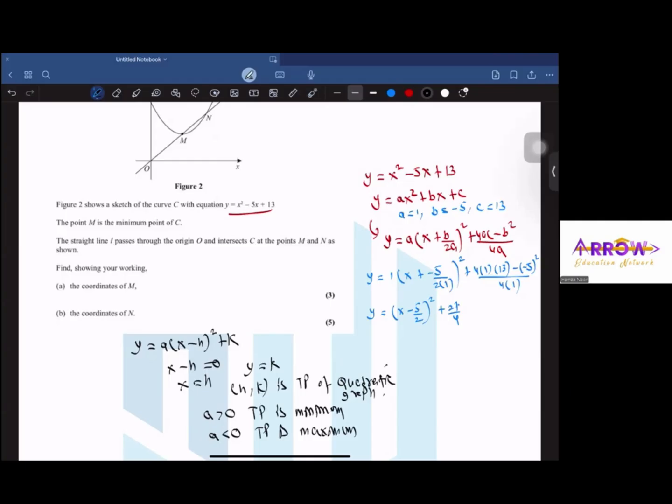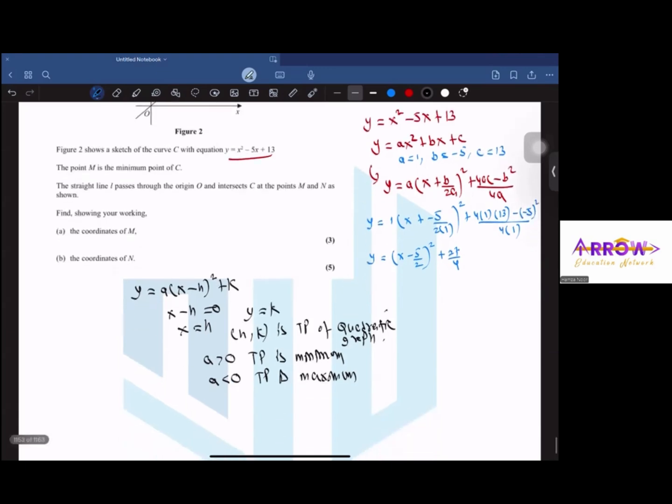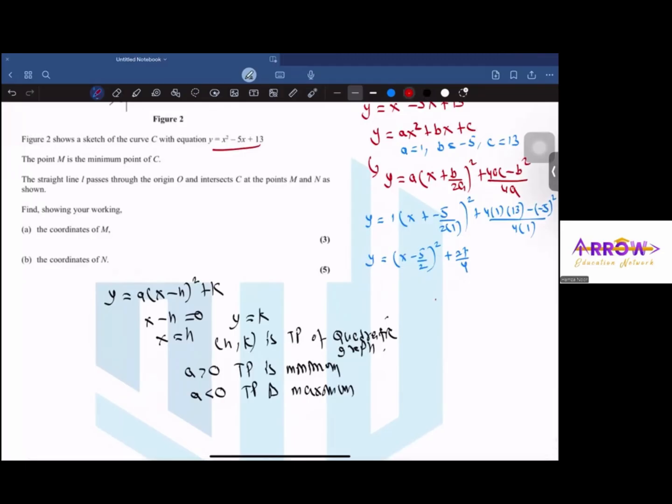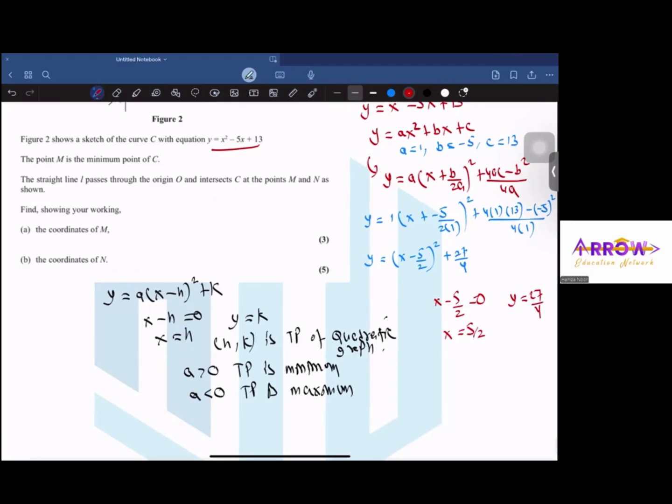So what we have done is converted this general form of the quadratic equation into a completing square form. Therefore, I'm going to say that x minus 5 over 2 is equated with 0. So x equals 5 over 2 and y equals 27 over 4. So (5 over 2, 27 over 4) is the point M. Either you can write it as a fraction or you can write the exact value in decimal form as well.